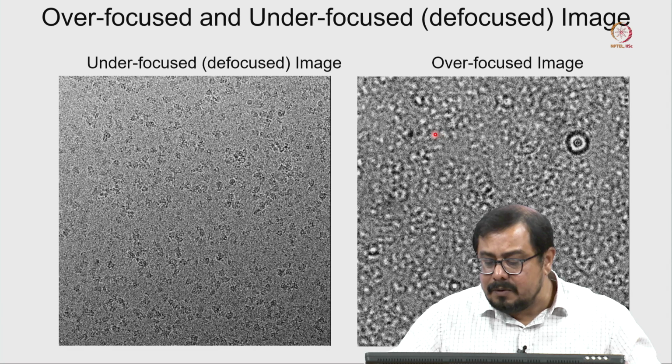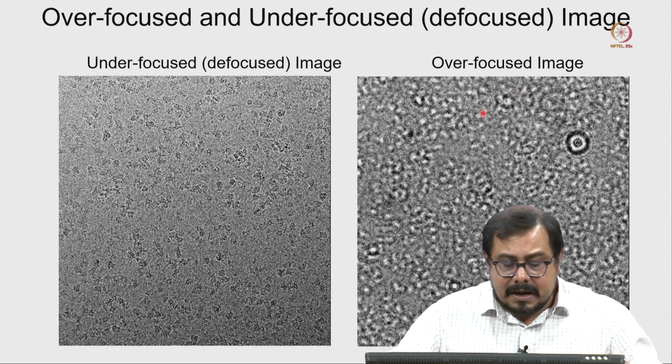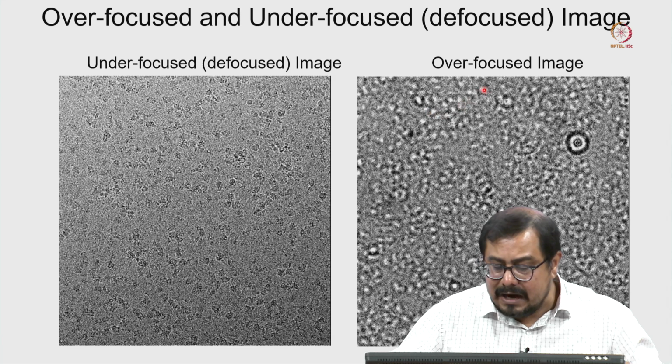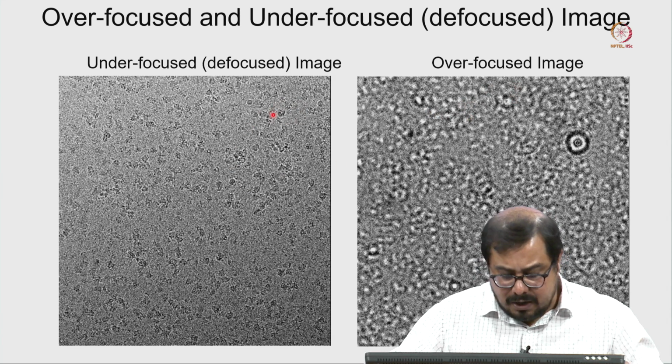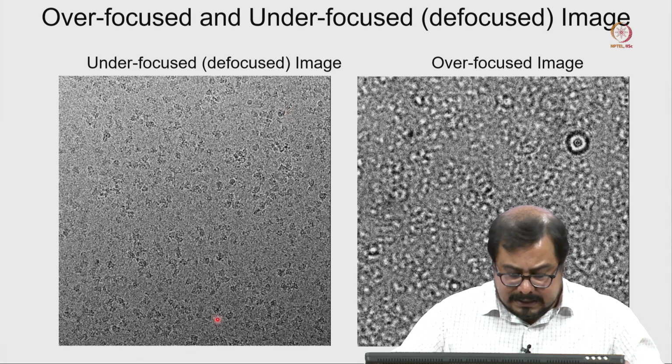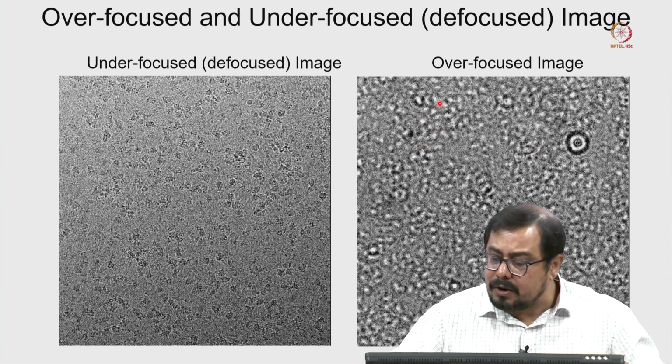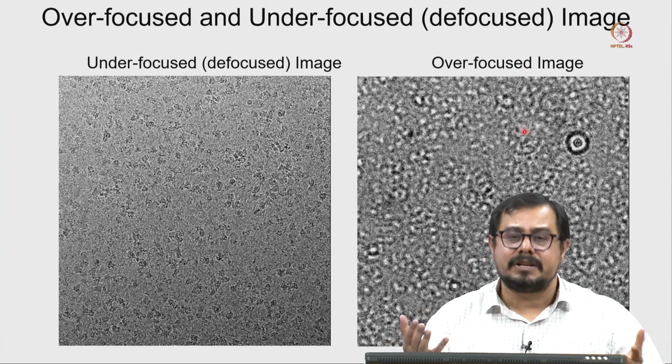These are the individual protein molecules here, but if you look at them, those that appeared black now appear as white, and there are some circular things here as well. There are lots of protein molecules there, but their contrast is inverted.